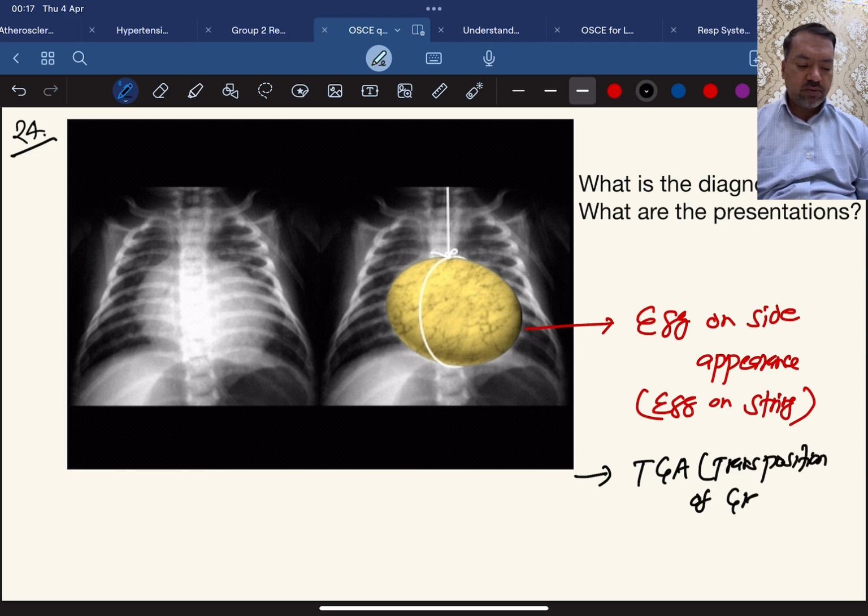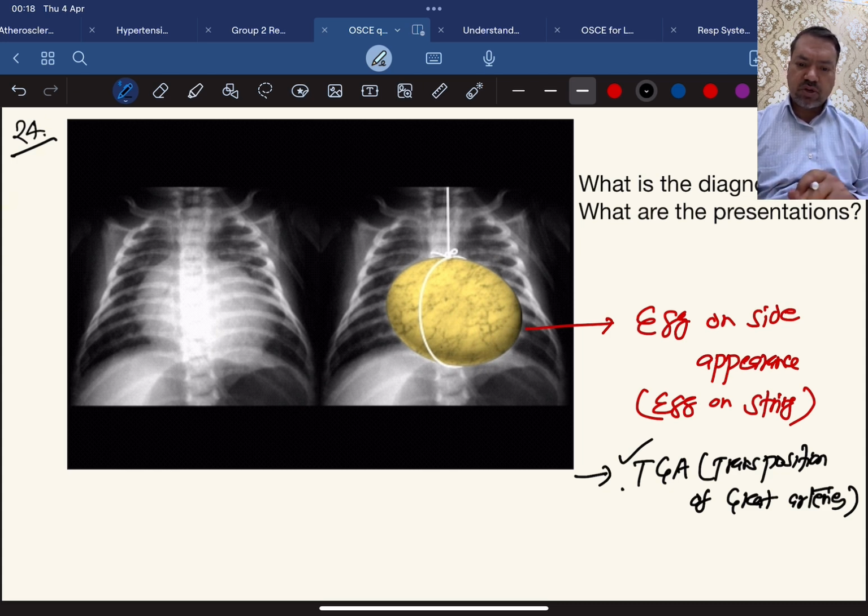Transposition of great vessels or great arteries. Okay, so what are the great arteries we mean here? They are the ascending aorta and pulmonary trunk. So normally pulmonary trunk arises from the right ventricle and ascending aorta arises from the left ventricle. But in this case, which is TGA, they switch their origin.